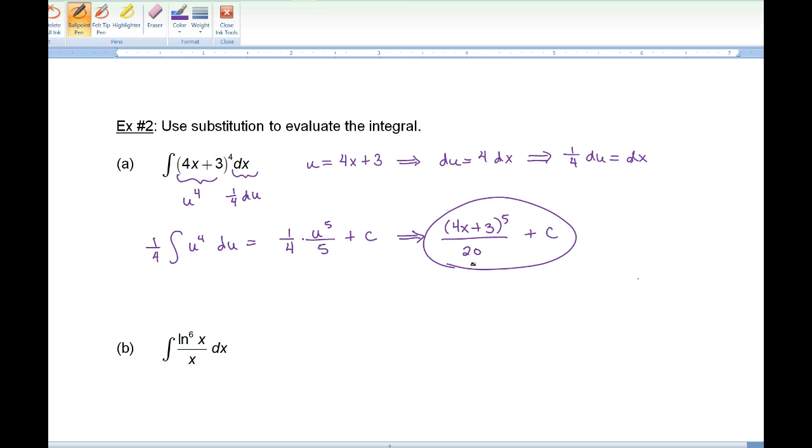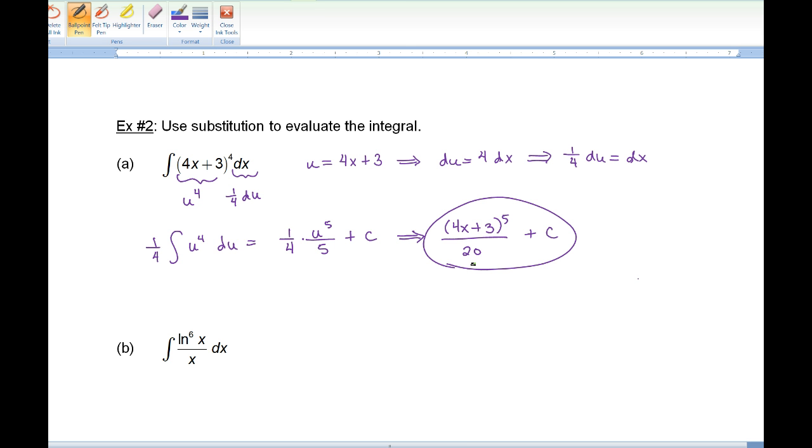Are we okay with that so far? If you were to go back and do the derivative to check your answer, what would you do? The 5 would move to the front, so you'd have 5 over 20, but you still have that 4 from the derivative of the inside when you do chain rule, and that has to cancel.